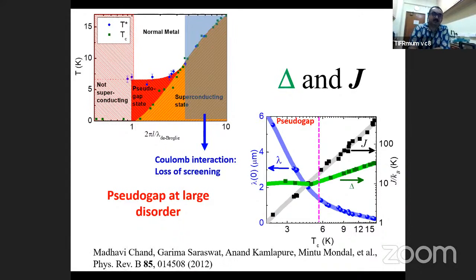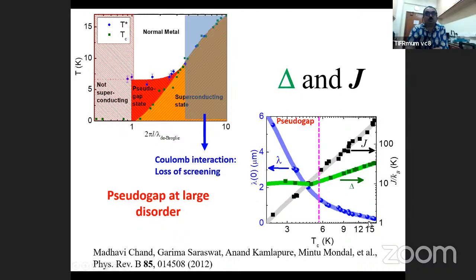So this is lambda 0, and then using this lambda 0 and the coherence length that you calculate from the upper critical field, you can get J. And you see for the cleaner sample, which has a Tc of 16 Kelvin, J is much larger than delta.